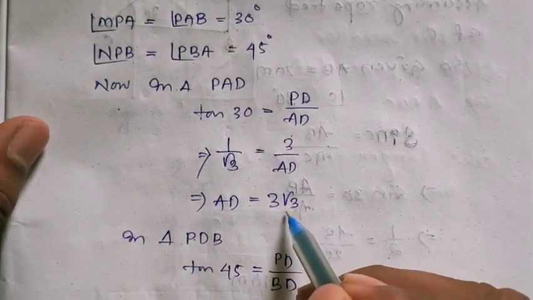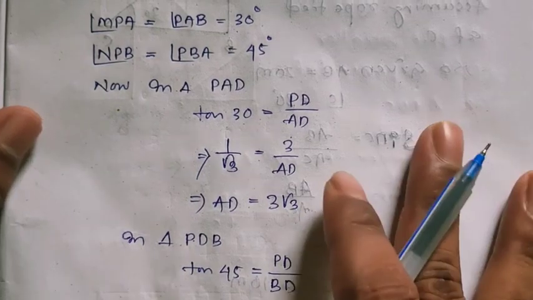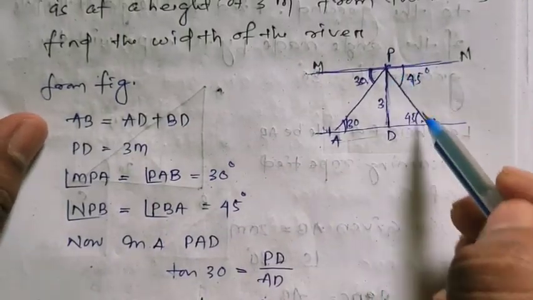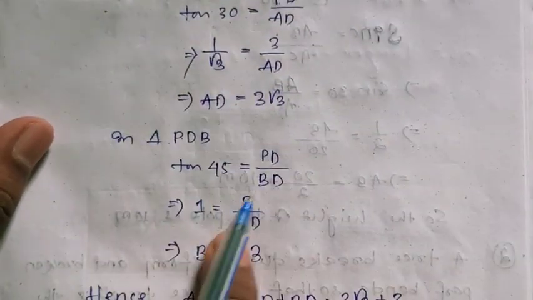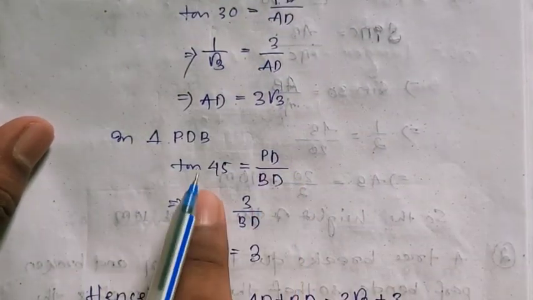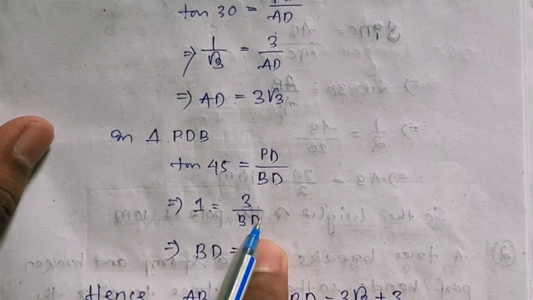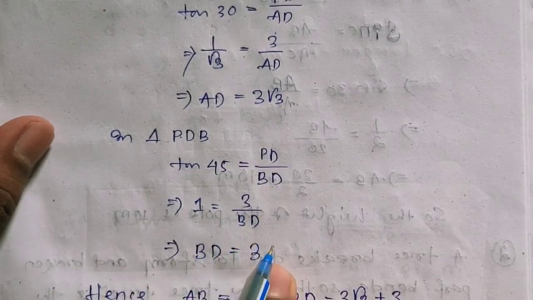This implies AD is equal to 3 root 3. Similarly, in triangle PDB, tan 45 is equal to PD by BD, tan 45 is 1, which is equal to 3 by BD. This implies BD is equal to 3.